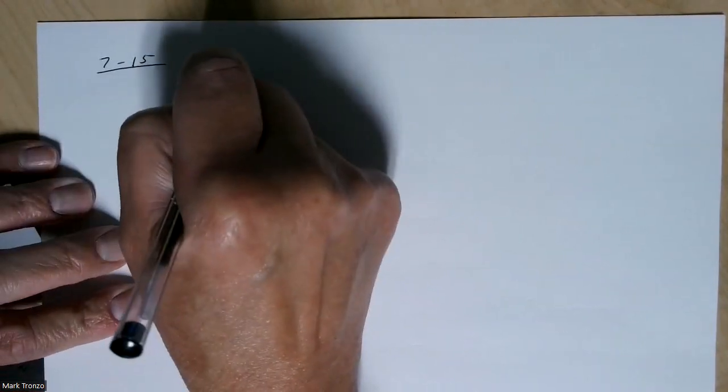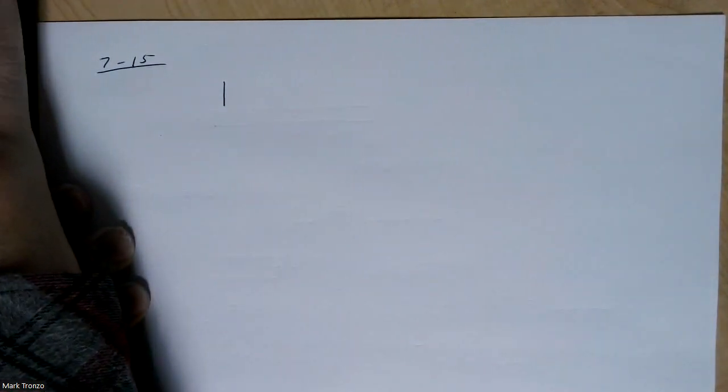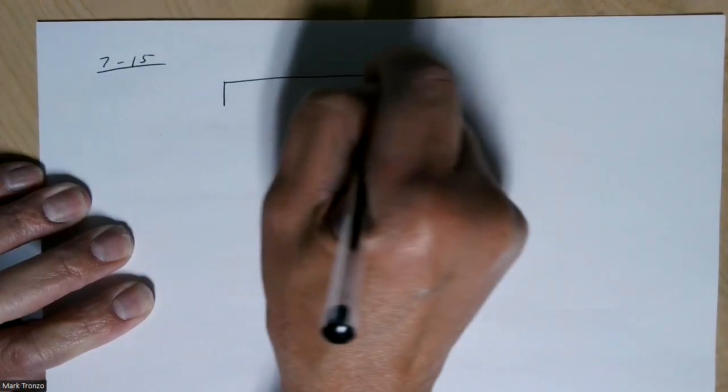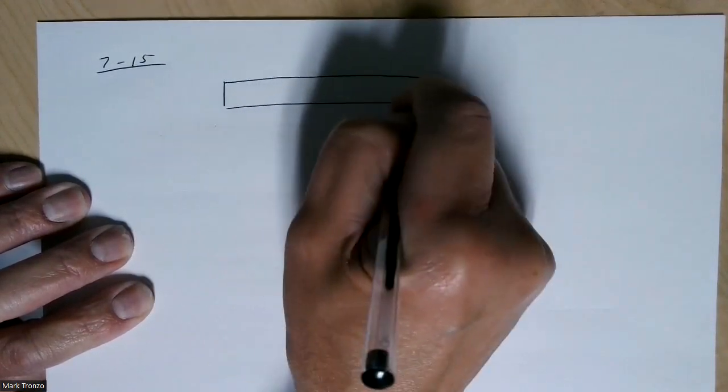Now let's do 7-15. Again, as always, you want to make a free body diagram. Now, notice we're only interested in what's happening at the internal loadings at D. So we only need to maybe make a free body diagram of that upper beam.